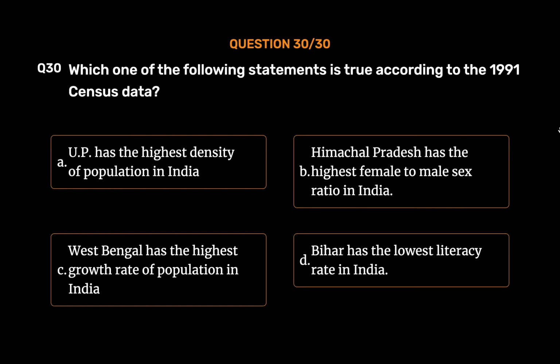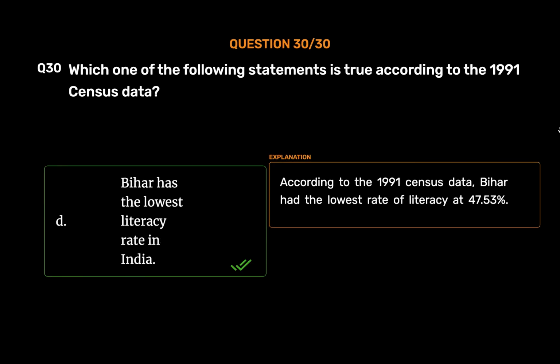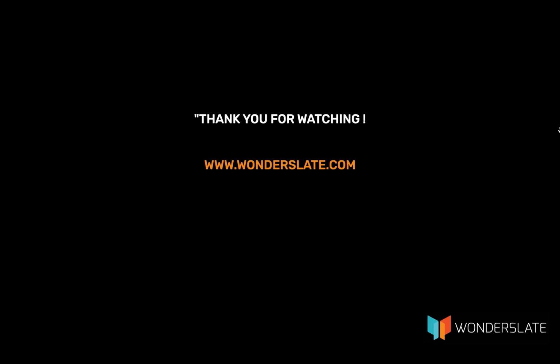Option D. Bihar has the lowest literacy rate in India. The correct answer is option D. According to the 1991 census data, Bihar had the lowest rate of literacy at 47.53%.